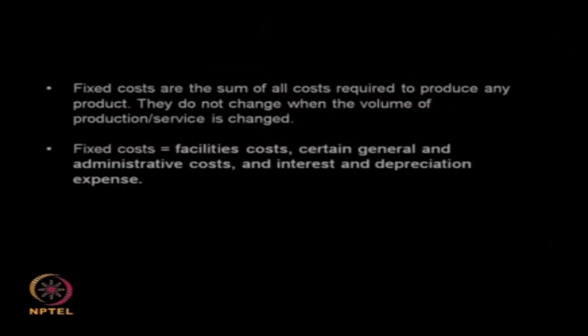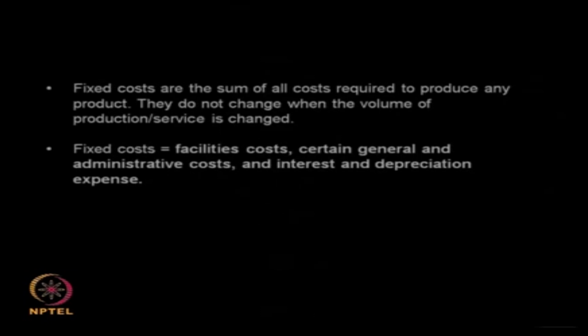Now you have something called the fixed cost and something called the operating cost or variable cost. What is a fixed cost? Fixed costs are the sum of all costs required to produce any product. They do not change if I change the volume of production. Whether I make 100 tons today in my plant, or 125 tons tomorrow, or 85 tons the day after tomorrow, fixed costs are always going to be fixed.